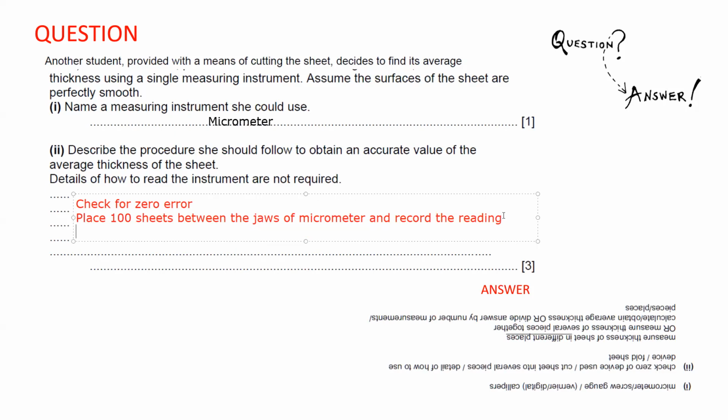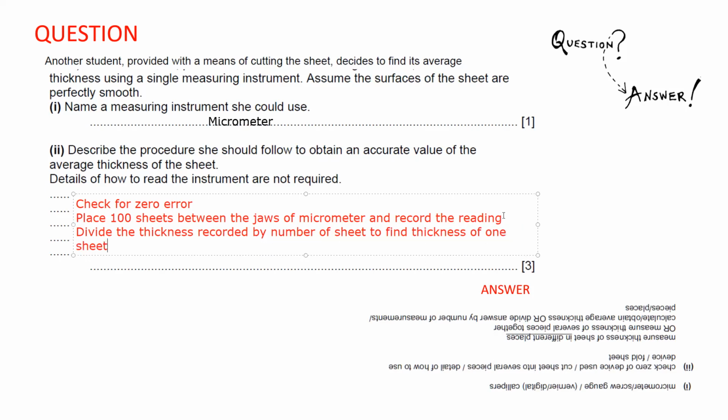After placing 100 sheets and recording the reading, but we need it for one, so what we should do is divide the thickness recorded by the number of sheets to find the thickness of one sheet. Then what else can be done for experimental accuracy?